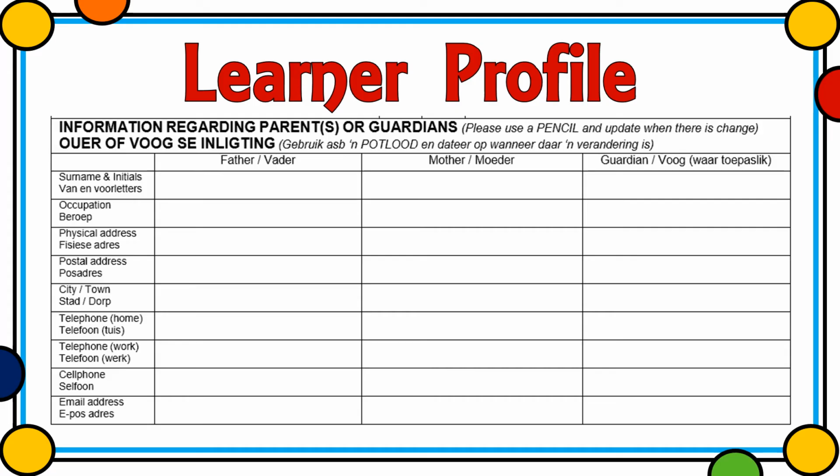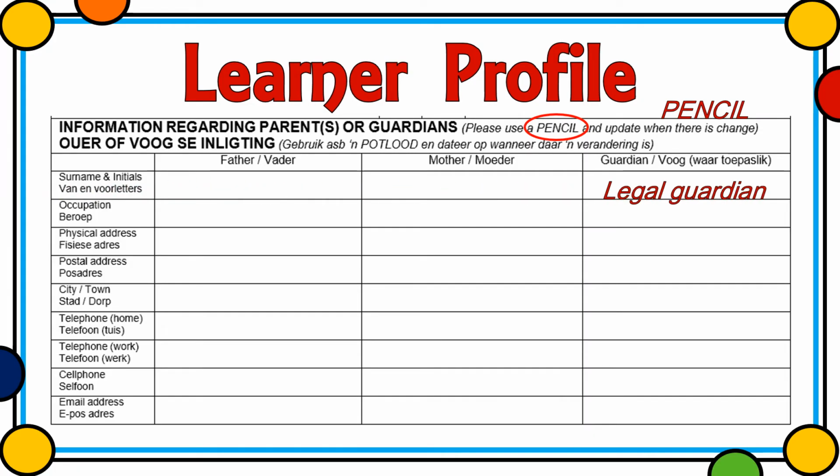The information about the parents or guardians should be filled in with pencil, as physical address, postal address, telephone numbers, cell phone numbers, all this information can change, and we don't want to constantly scratch out on the learner profile.